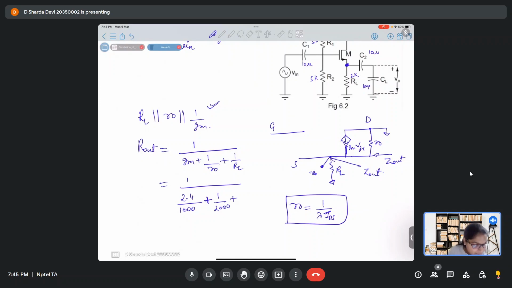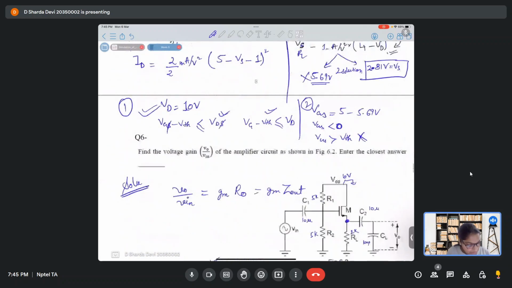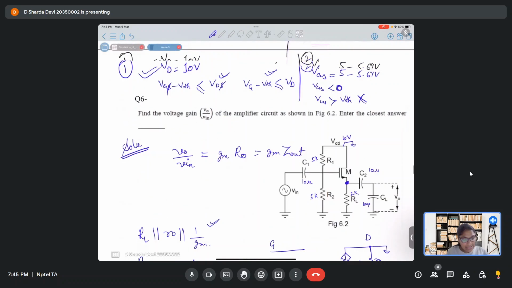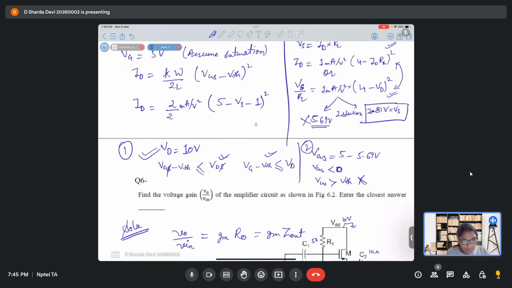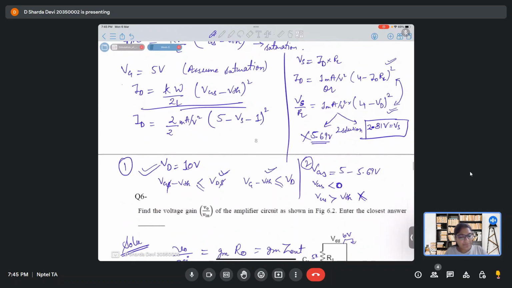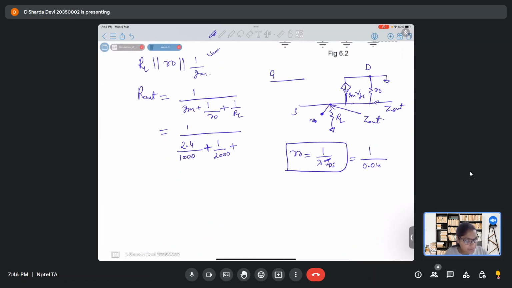In R naught, lambda we know, lambda was given to be 0.01, into ID. ID we have found from Vs. When we put this Vs over here, we'll find the value of ID. We have to simply substitute Vs. So Vgs minus Vth, kW by 2L, gives ID, and IDS I've calculated to be 1.405 milliamps.